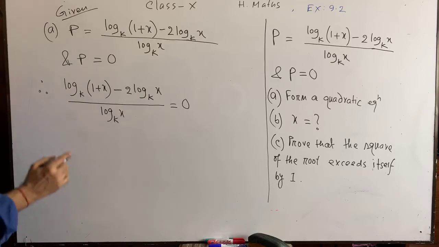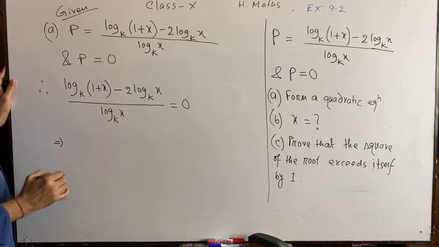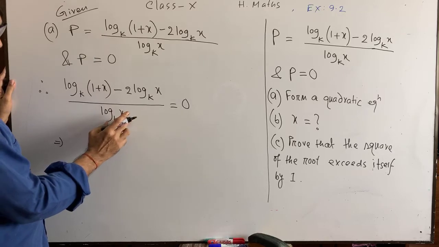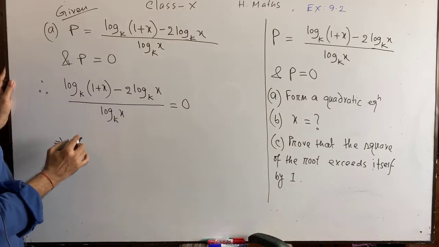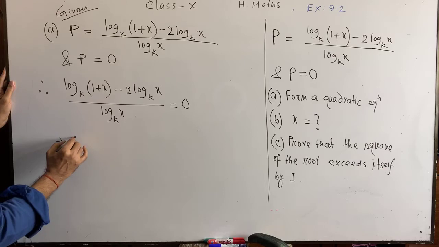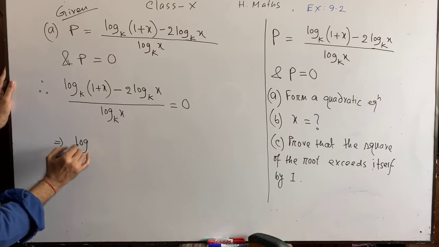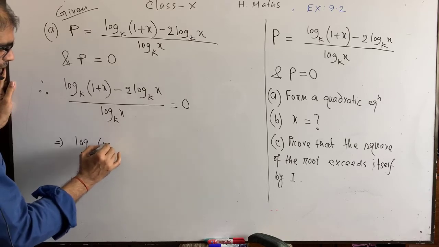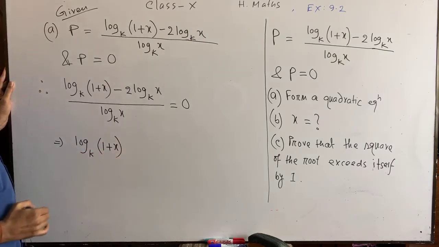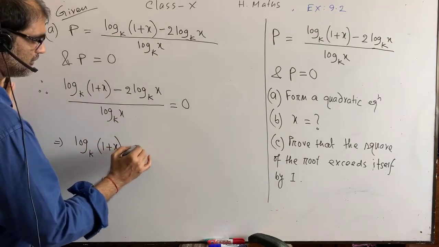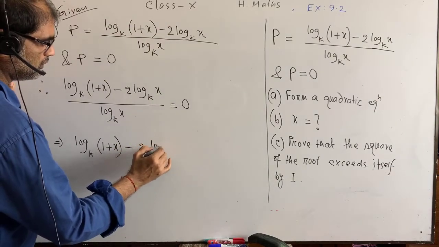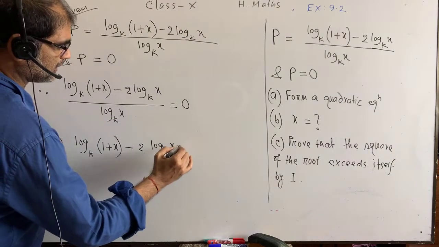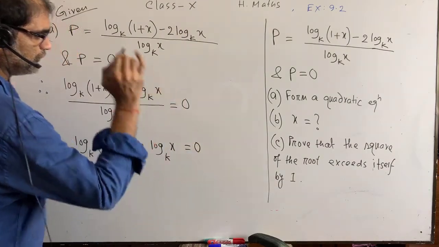Now if we multiply this log base k of x with 0, we will get 0, right? So we will get log base k of (1 plus x) minus 2 log base k of x equals to 0.